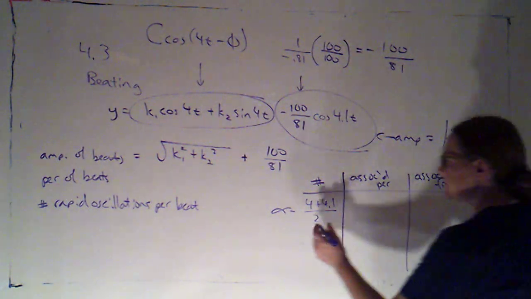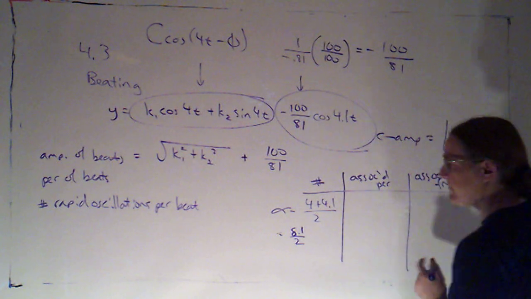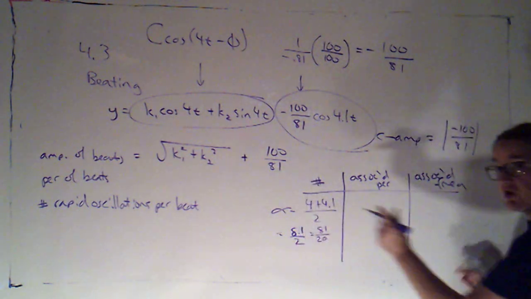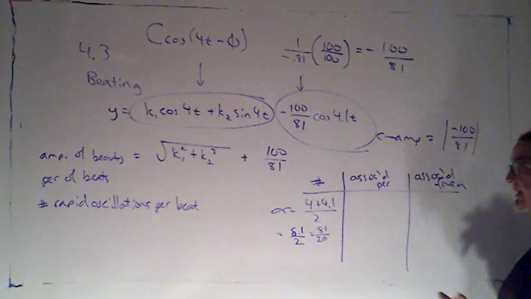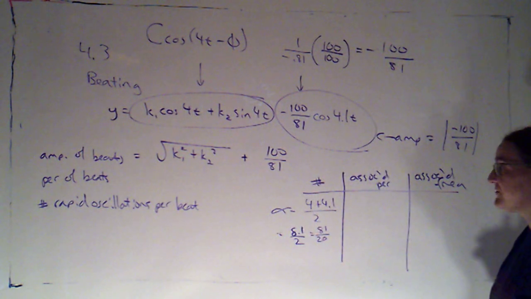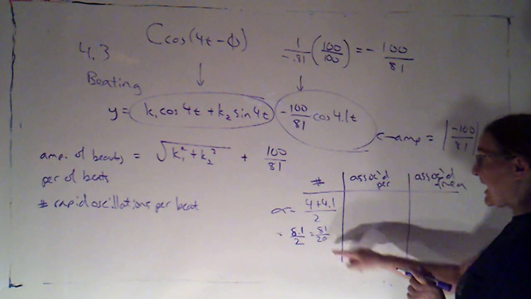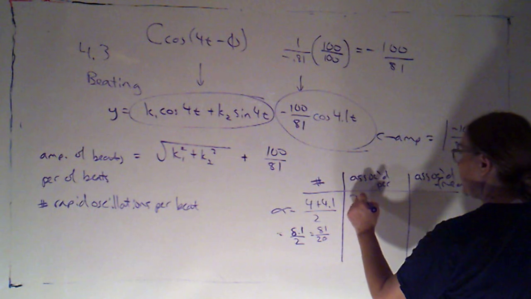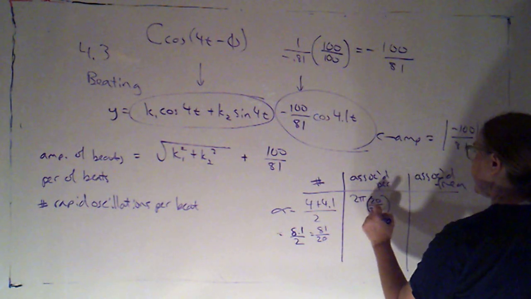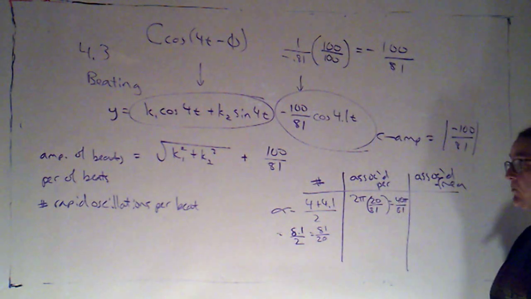We're just averaging them. Notice that gives me 8.1 over 2, which would be the same as 81 over 20. Again, just using that technique to avoid having a decimal, multiply by 1 in the form of the appropriate power of 10 over itself. Now that means that the period is 2 pi divided by that number. So that would be 2 pi times the reciprocal, times 20 over 81. So that would be 40 pi over 81.